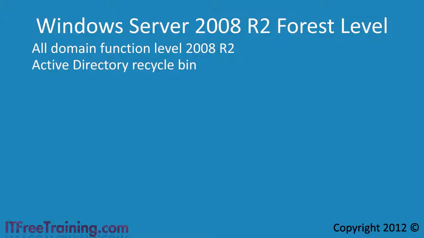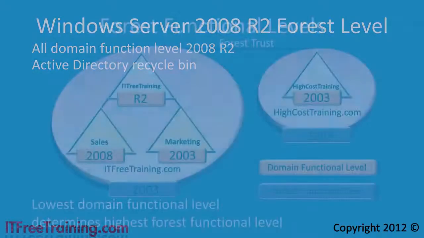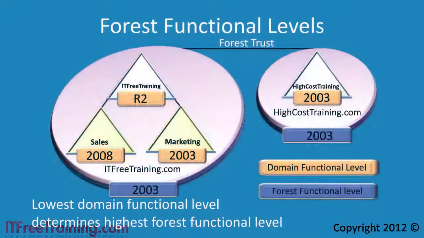Okay, now let's go back to the example and look at upgrading the domain and Forest functional levels one last time. Let's consider that we want to upgrade all Forest levels to Windows Server 2008 R2. To upgrade ITFreeTraining.com is quite easy.